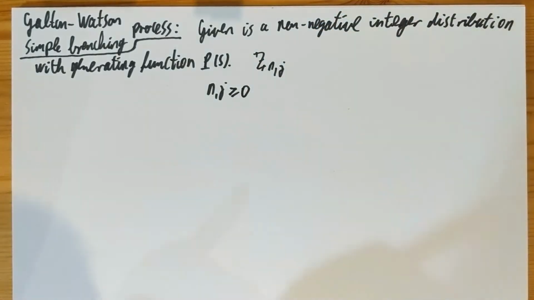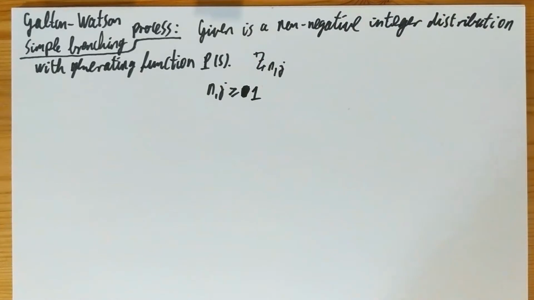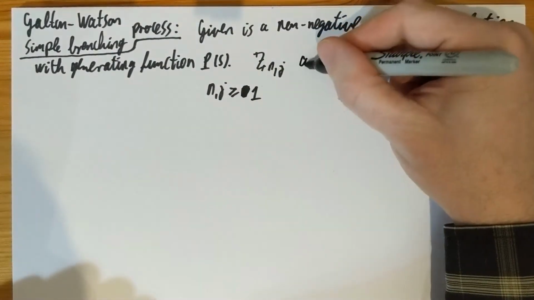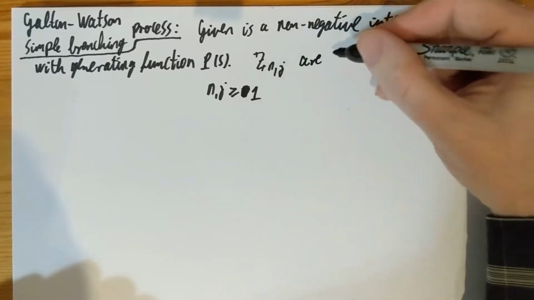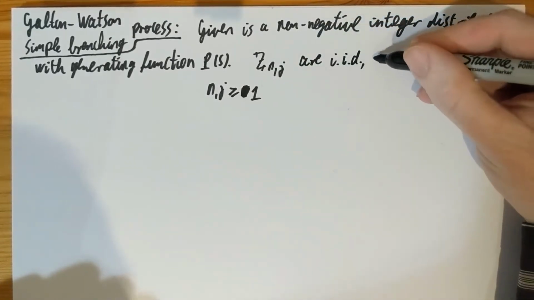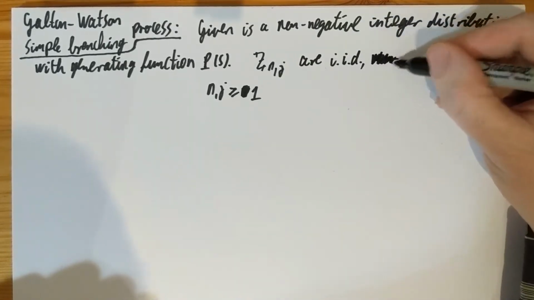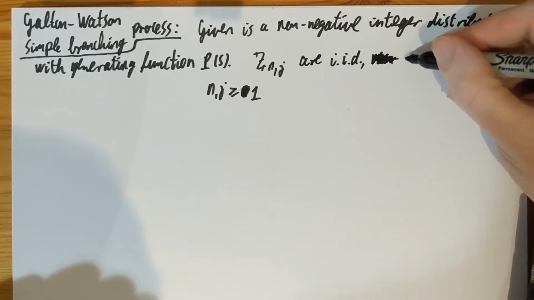The interesting bits are when n and j are at least 1. These random variables are completely independent of each other across all indices, so they are IID non-negative integers with this distribution.